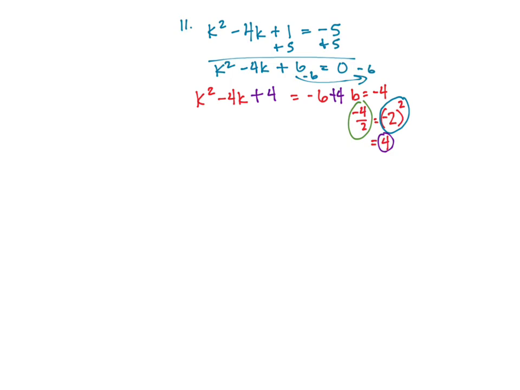Everybody good? So now what do we create? We have k squared minus 4k plus 4 equal to negative 6 plus 4, which is negative 2. Ruh-roh, Sparky. So we created for ourselves this little perfect square trinomial, k squared minus 4k plus 4.